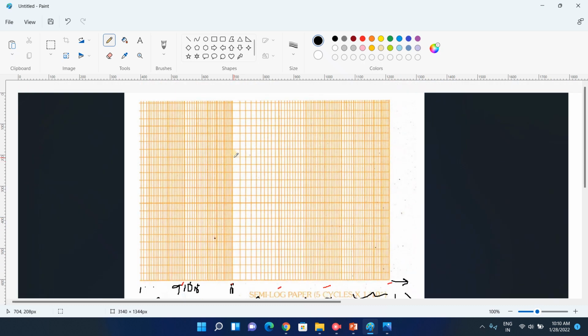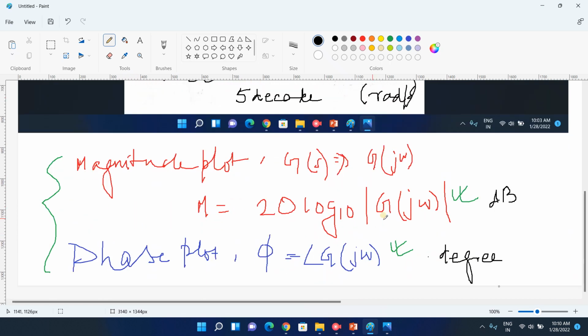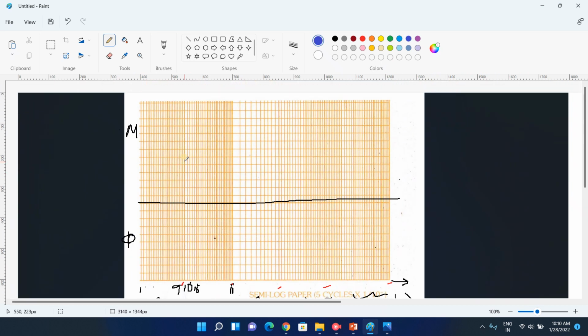The X-axis will be omega, radian per second frequency, and on the y-axis in the same plot you have to draw one magnitude plot. So you will divide the plot into two parts. In the first part you will draw the magnitude plot, and in the second part you will draw the phase plot. The magnitude plot unit will be in decibel, and the phase plot will be in degree.